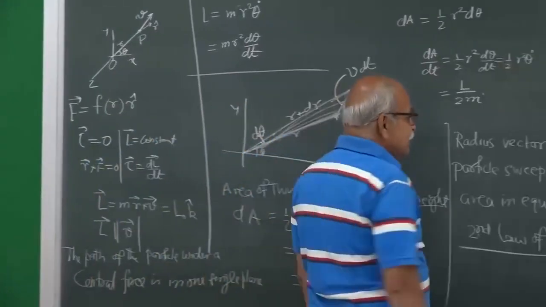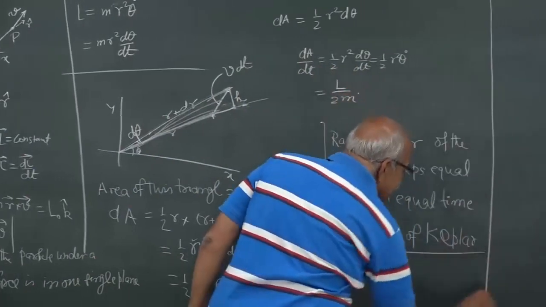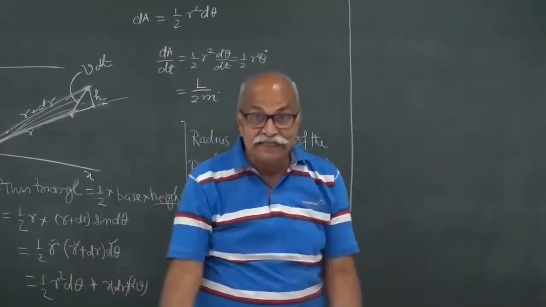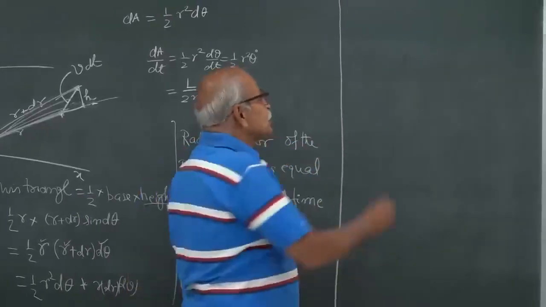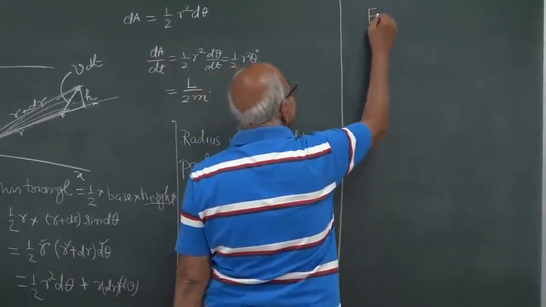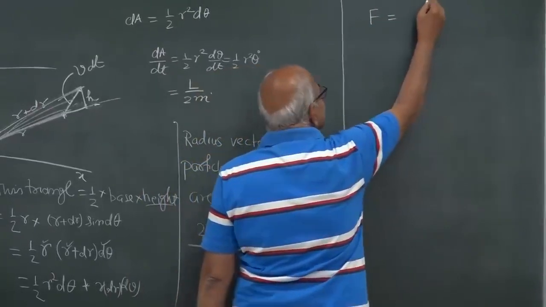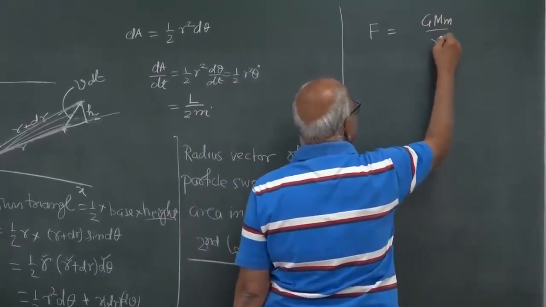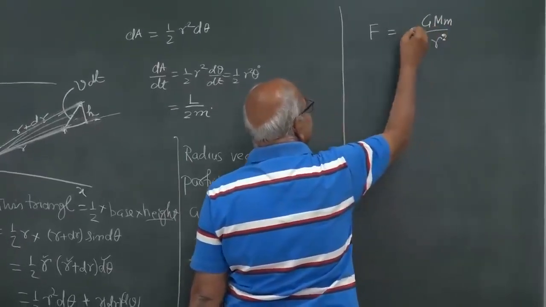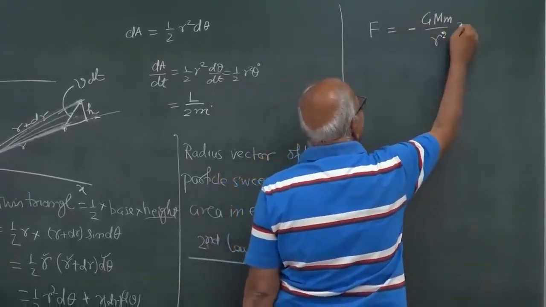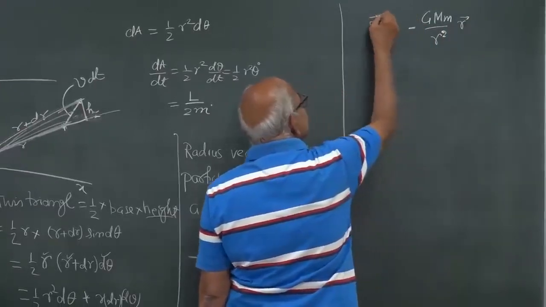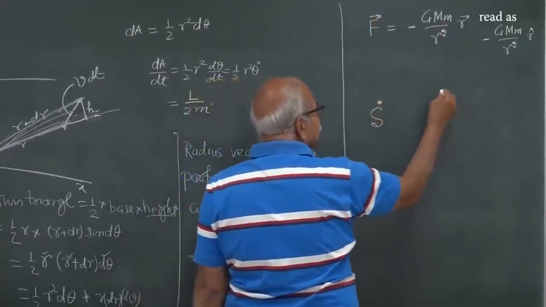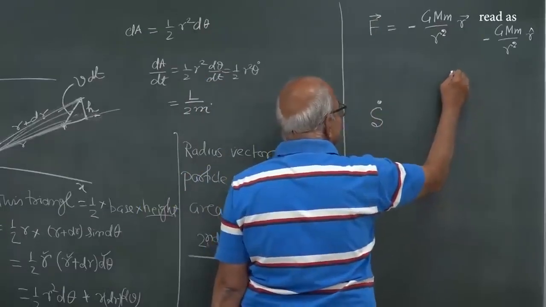Now, specifically, if you talk of that sun-planet type system, the force is given by G m by r square in magnitude, and then the direction, so we can write minus r cap here. This is taking the sun as the origin and the planet as the particle.